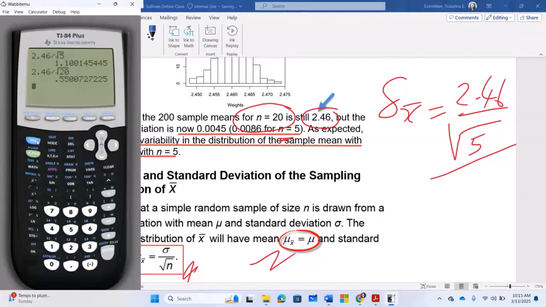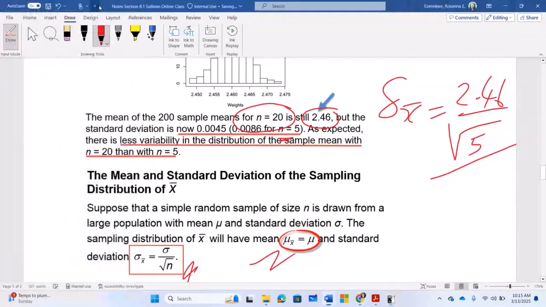I'm trying to show that the larger the sample size, the smaller the standard error. Anyway, see the formula for standard error here.